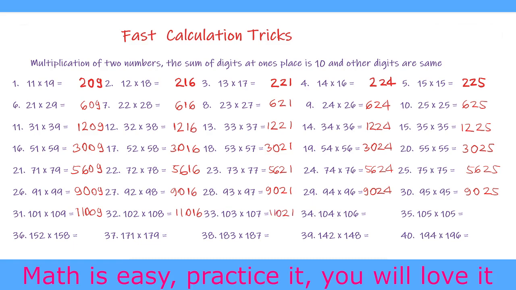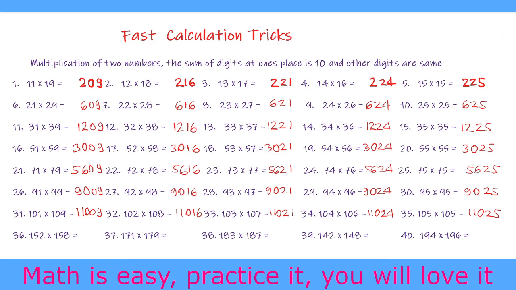Similarly, 104 multiplied by 106. 6 multiplied by 4 is 24 and 10 multiplied by 11 is 110. So the multiplication is 11,024. 105 multiplied by 105. So 5 times 5 is 25 and 10 multiplied by 11 is 110. So 105 multiplied by 105 is 11,025.